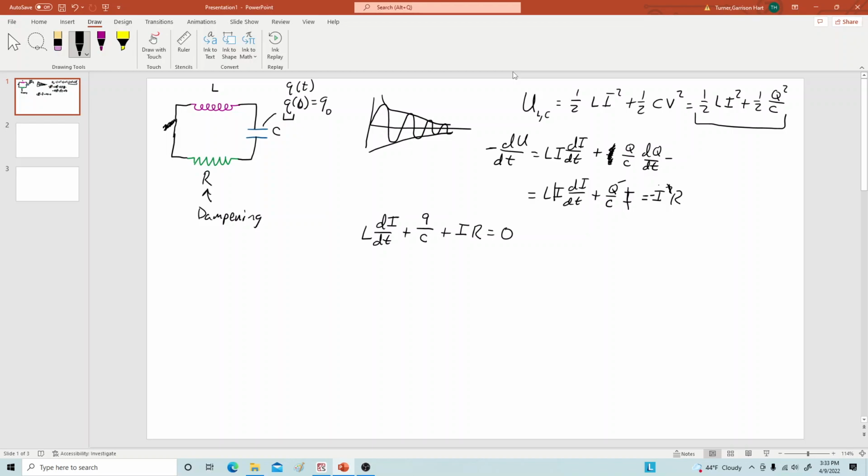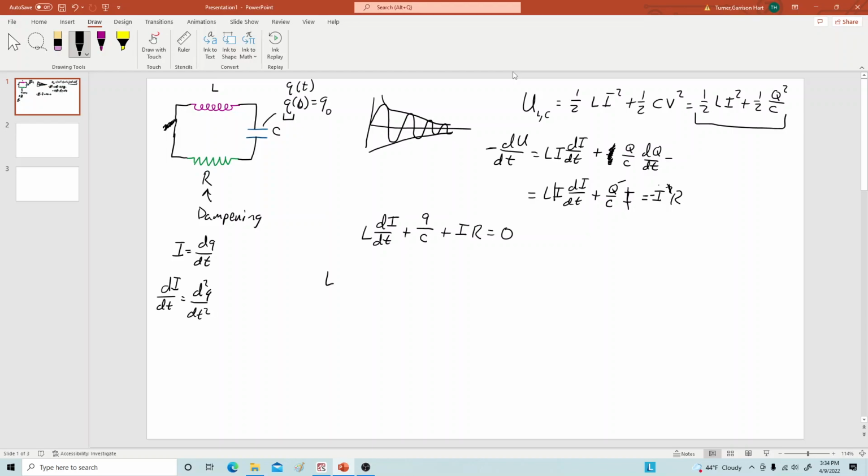So remember, I've got my current is equal to dq dt, so di dt is then the same thing as d squared q dt squared.